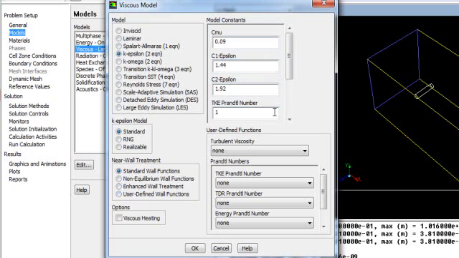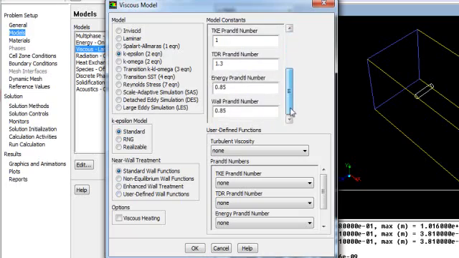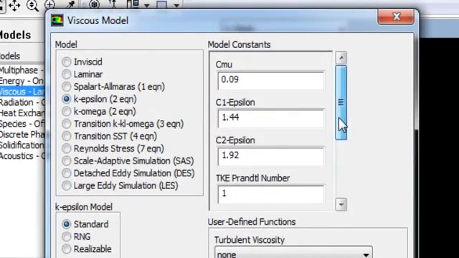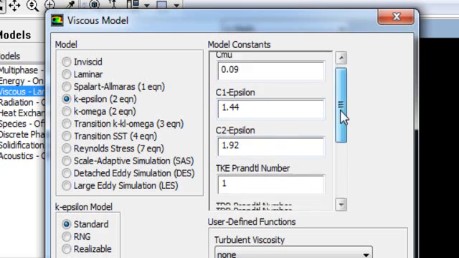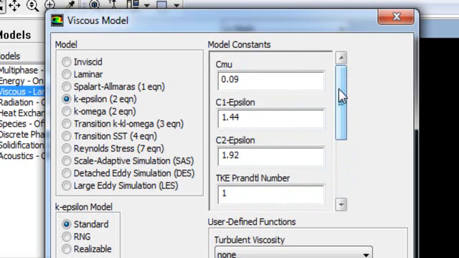Here in the model constant, you have different model constants. This is actually based on the K epsilon transport equation. So these constants are fixed. If you want to change this constant, make sure that you are taking the right constant.